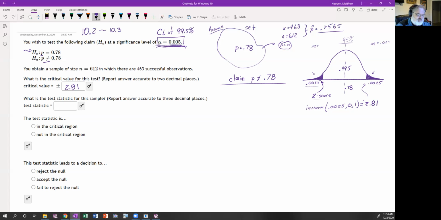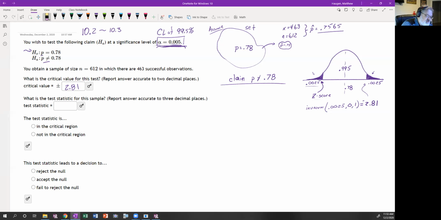So if our significance level had been 0.05, we'd have just used that 1.96. So it is that same critical value that we've been talking about before. Is that good so far? Cool. Okay.